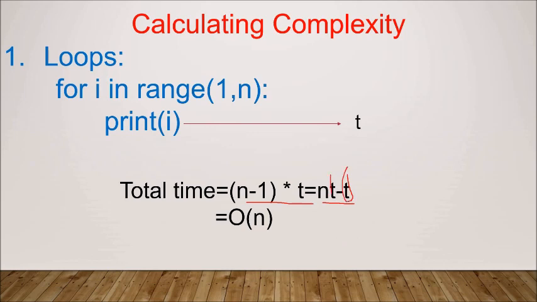Here t is constant, so the dominant term is nt. When writing in big O notation, we ignore the constant and write only the input, that is n. So this is the big O notation of loops.